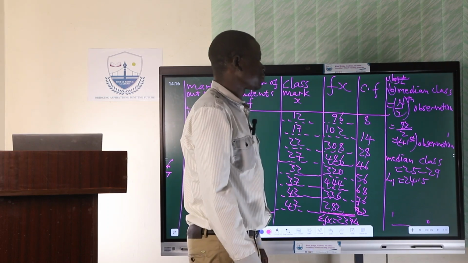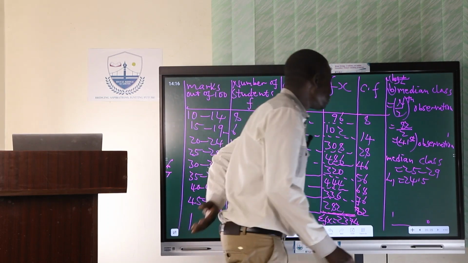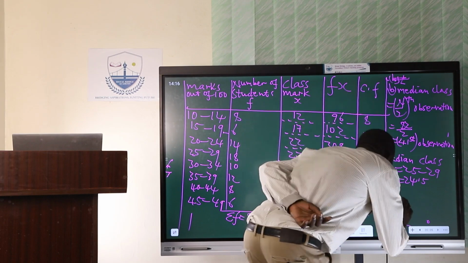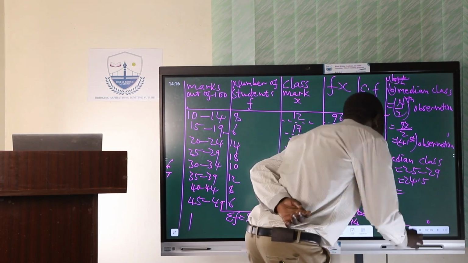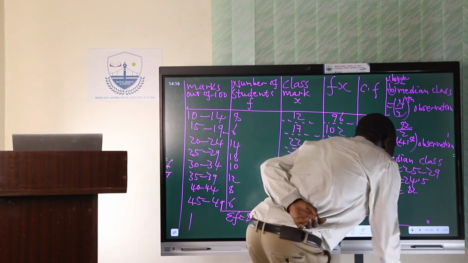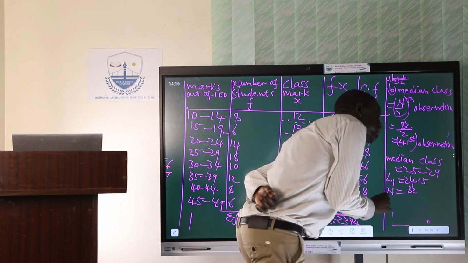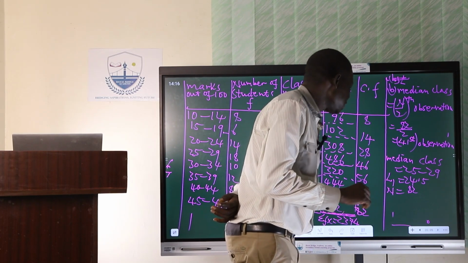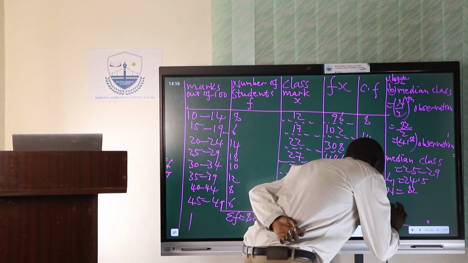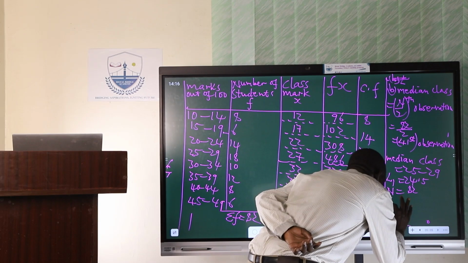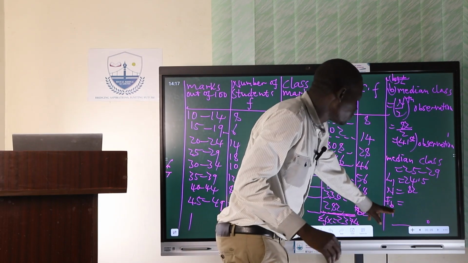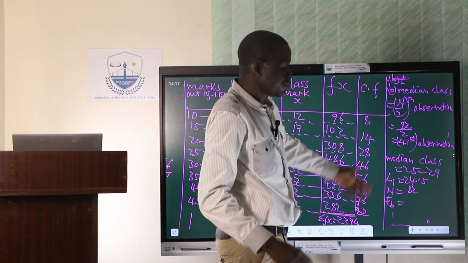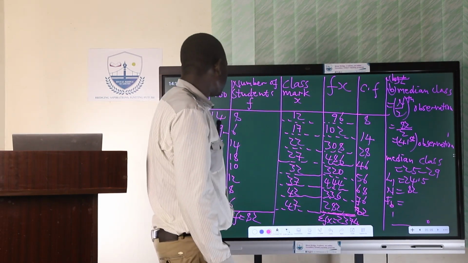After that, the value of n we know, which is summation f, which is 82. Then we shall obtain the value of FB. Remember, FB stands for the cumulative frequency before that of the median class.